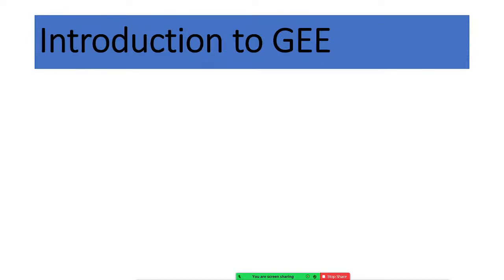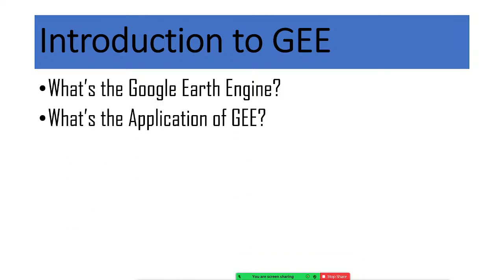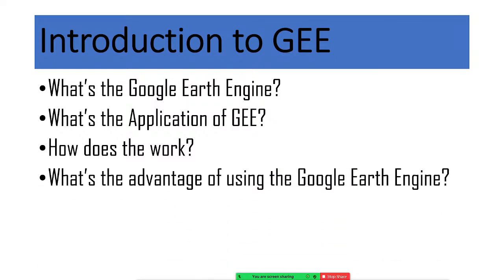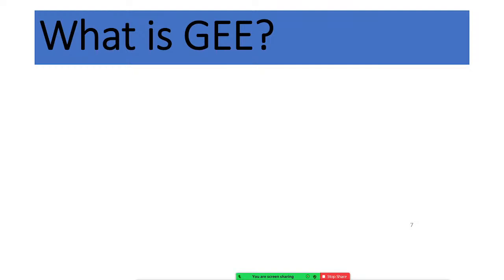So first of all, in this part, introduction to Google Earth Engine, I will try to discuss what Google Earth Engine is, then what the application of Google Earth Engine is, then how it works, and then what the advantage of using the Google Earth Engine platform is, and how you can start this tool. Okay, so first of all, what is GEE?